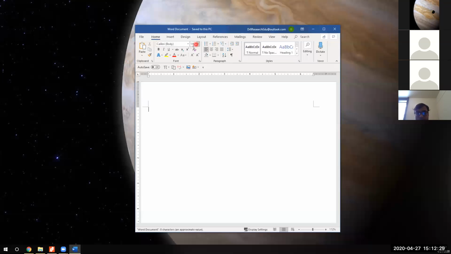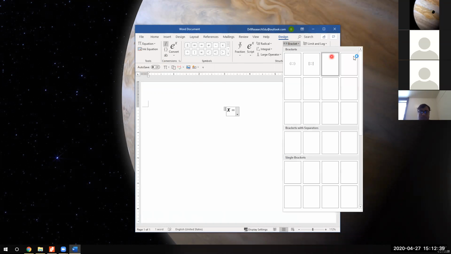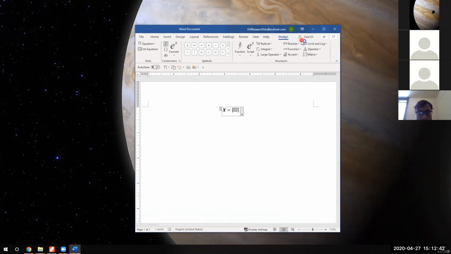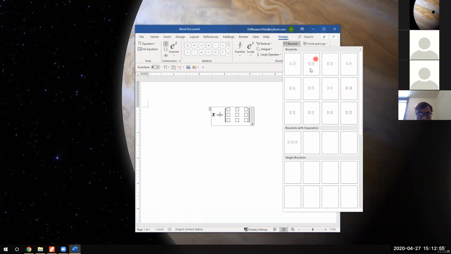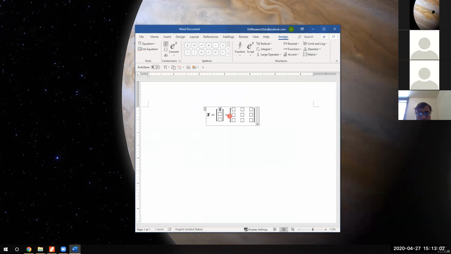If I have a matrix X, this actually equals to x1 transpose, dots, and then xm transpose.